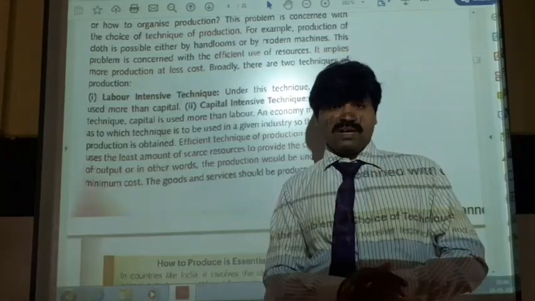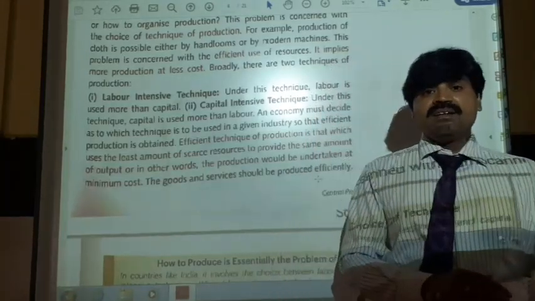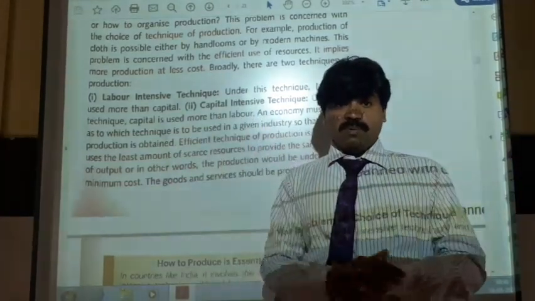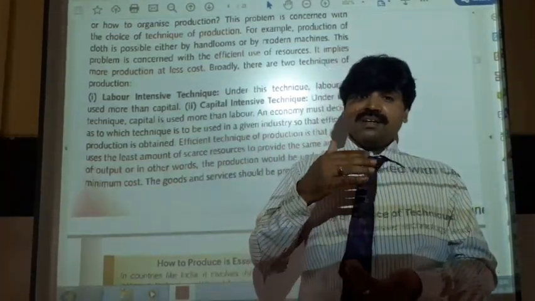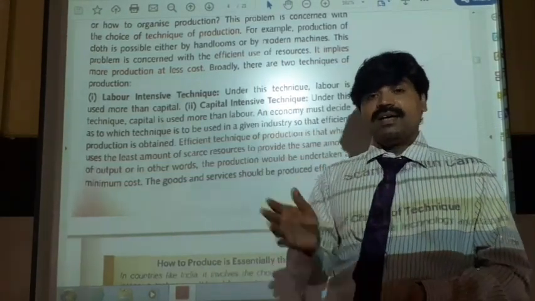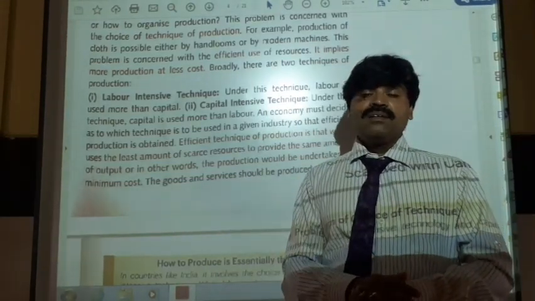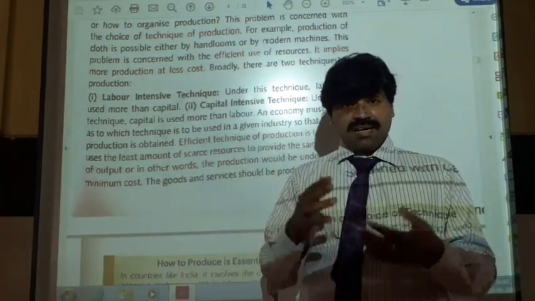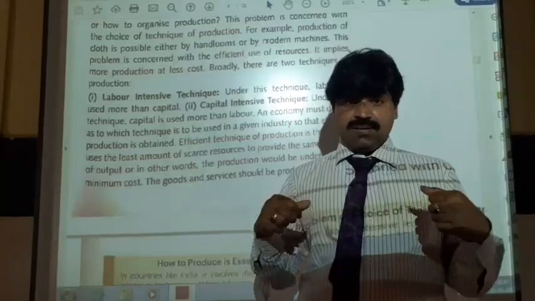Suppose there is a poor country with a large population and working population. There it may adopt a labor intensive technique. On the other hand, a developed country generally adopts a capital intensive technique.